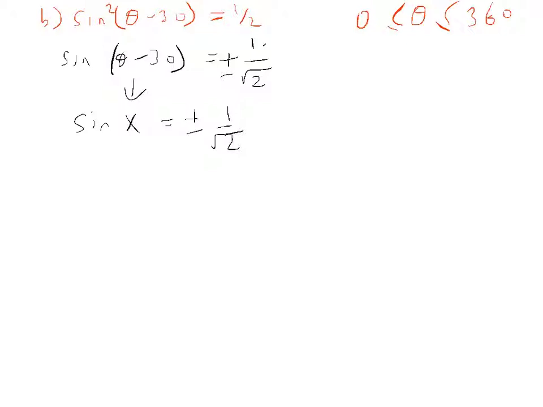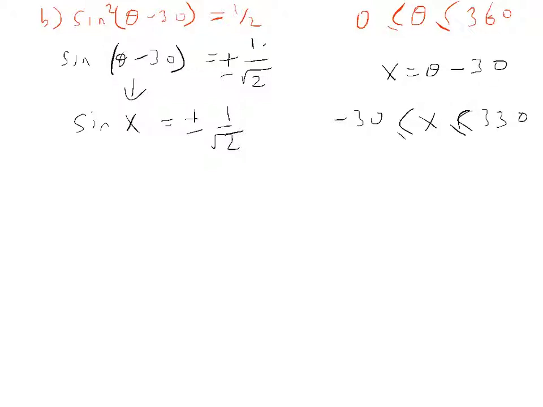Since we've changed theta to x, we've also got to change our limits, and so now our limits become minus 30 to 330. So we've taken 30 from both sides, since x equals theta minus 30.